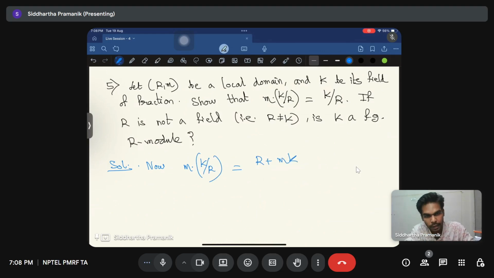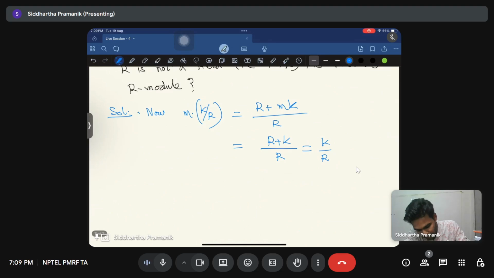MK means extension of M to the ideal K. But this is an ideal of K, but K is a field. So its extension has to be K itself. So this is R plus K mod R, and R is a submodule of K. So this is K mod R. So the first part is very easy.